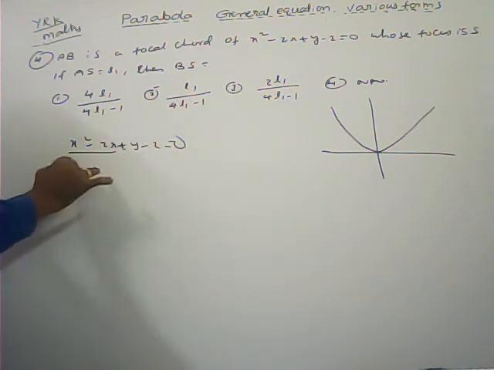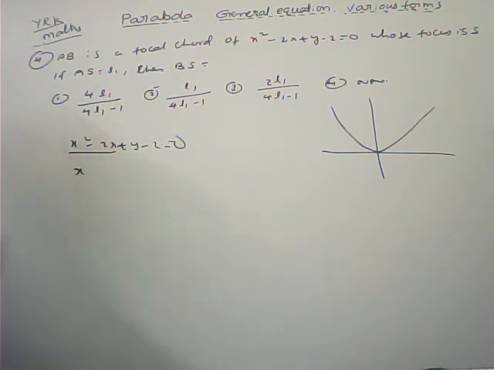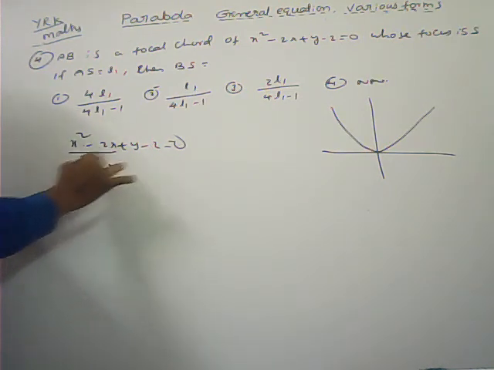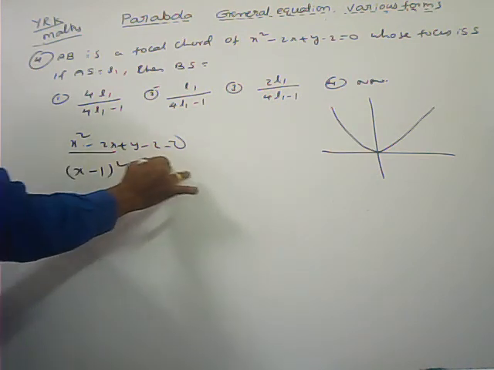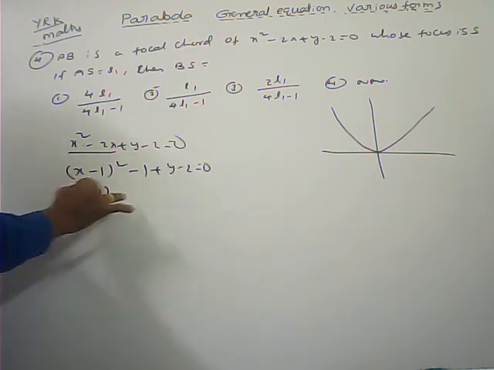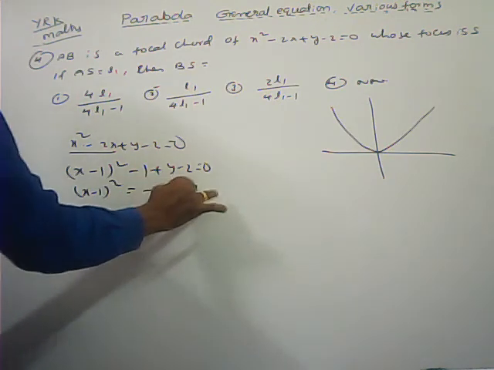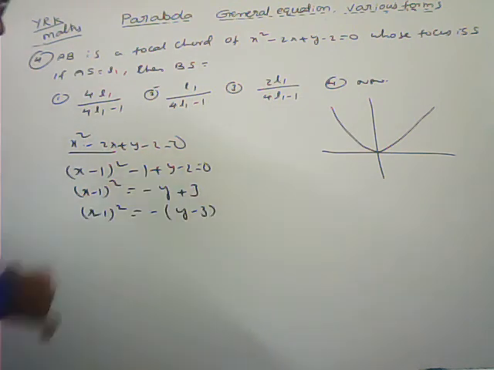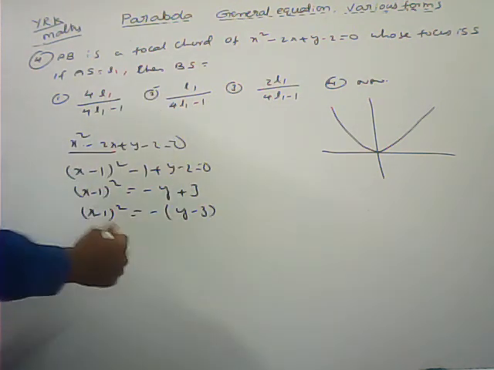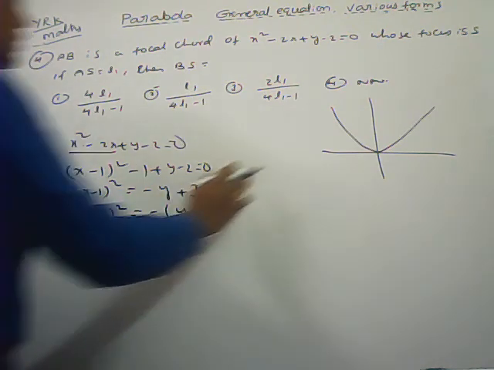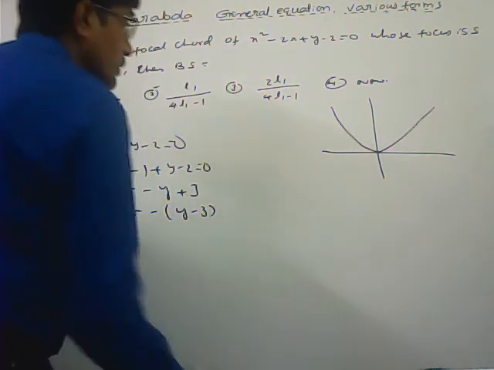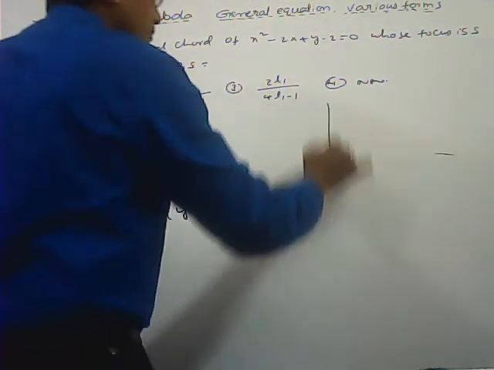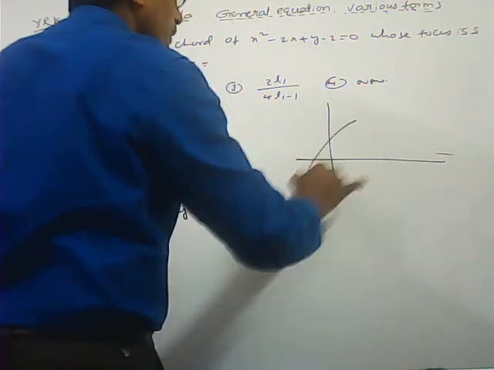Completing the square, x minus 1 whole square, minus 1, plus y minus 2, equal to 0. So x minus 1 whole square is equal to minus of y minus 3. That is symmetric about the negative direction of the y-axis. This is a rough diagram only. The vertex is (1, 3).